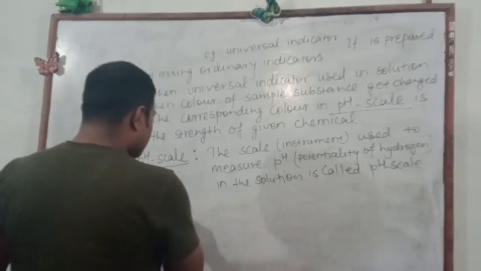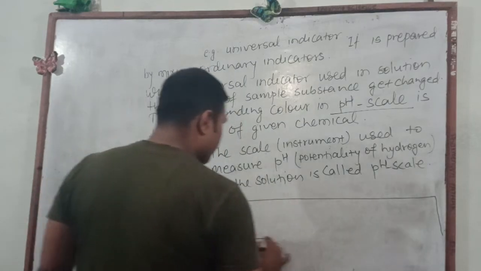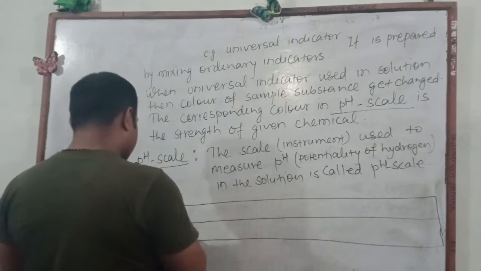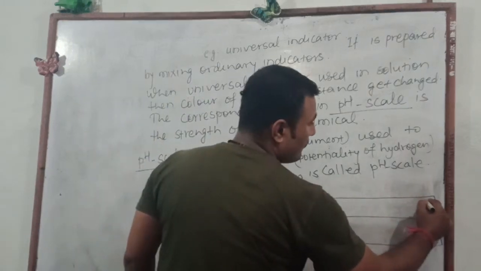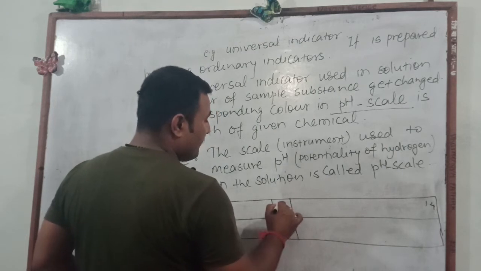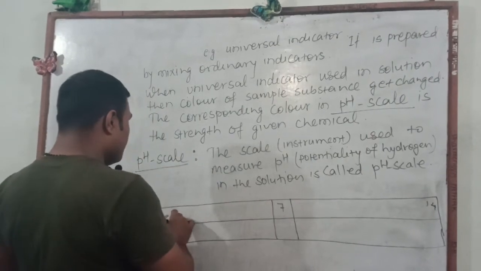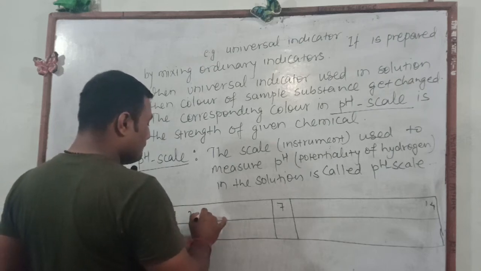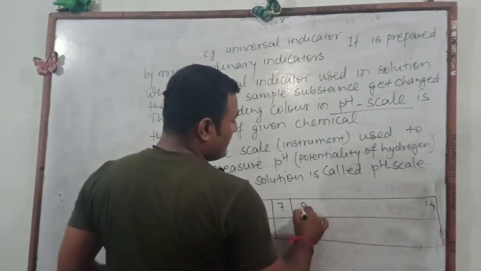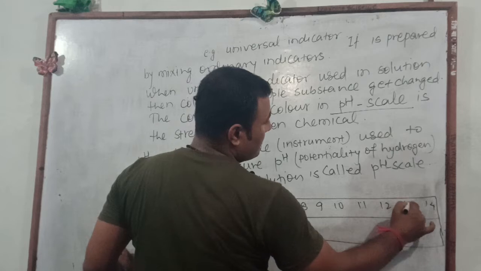The pH scale measures the potentiality of hydrogen and it ranges from 0 to 14, and at the center the neutral point is found, that value is 7. To the left, the numbers gradually increase 1, 2, 3, up to 13.